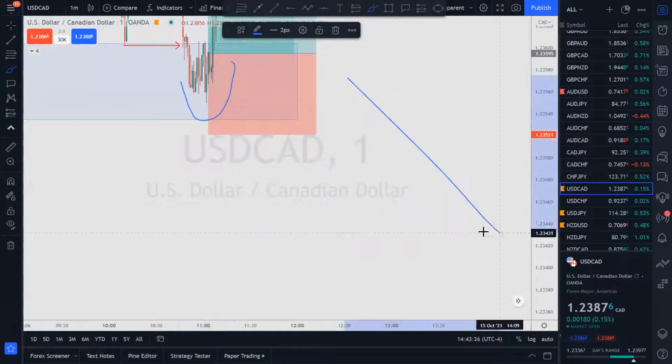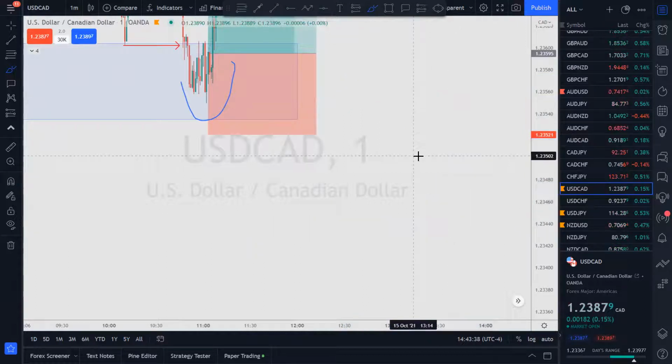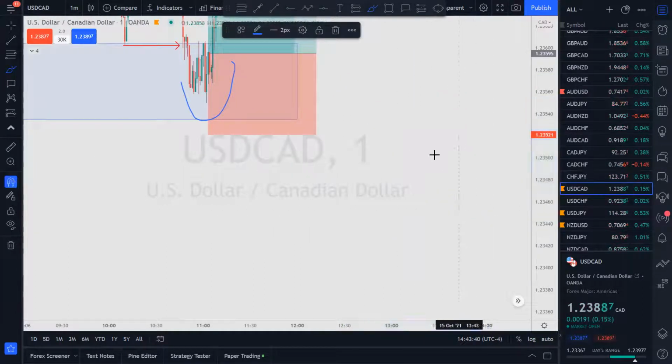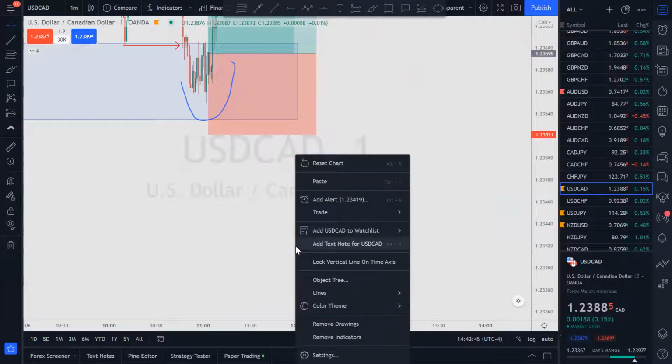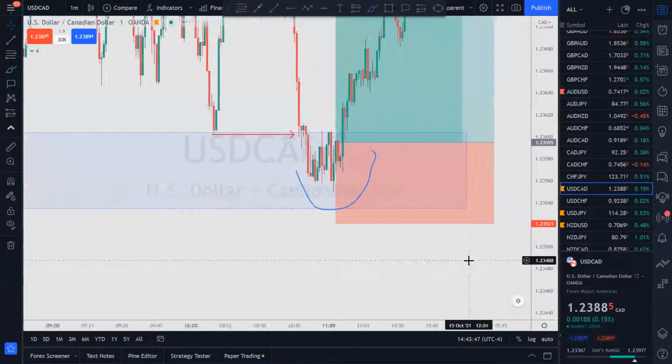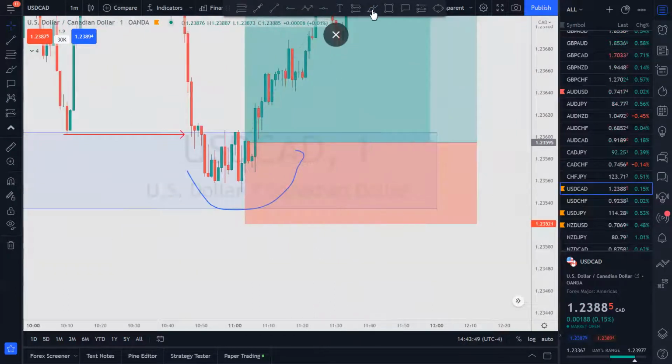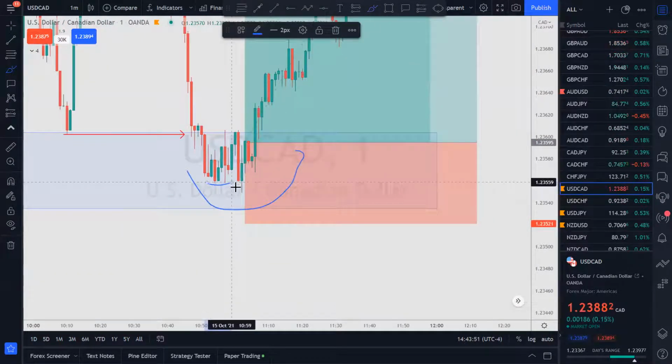Can you see it? Yeah, you can see it. This is all you need to see. But you can see it in wicks.